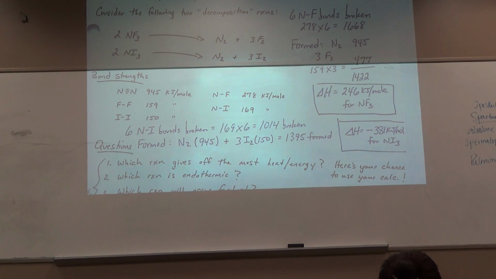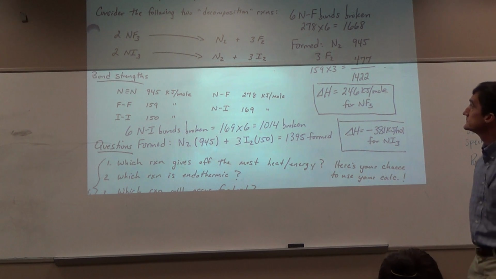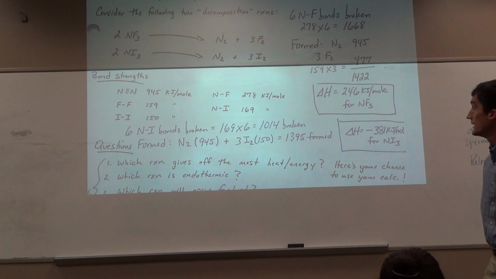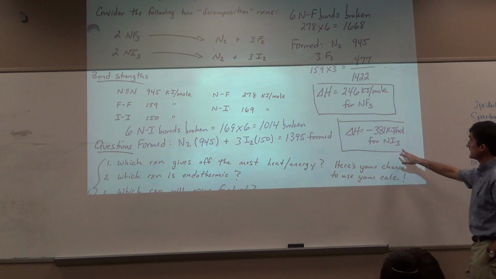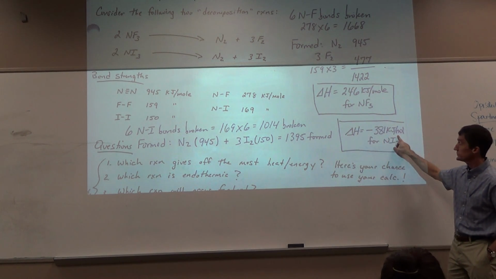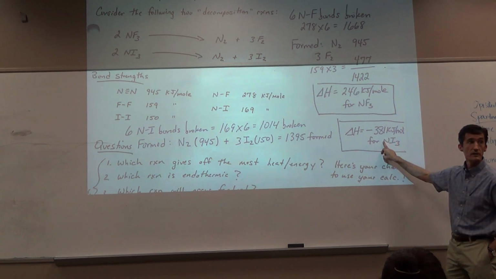Which reaction gives off the most heat? NI3? Yeah. What are the numbers? I did it myself. For the NI3, I got negative 381 kilojoules per mole. Is that what you got?